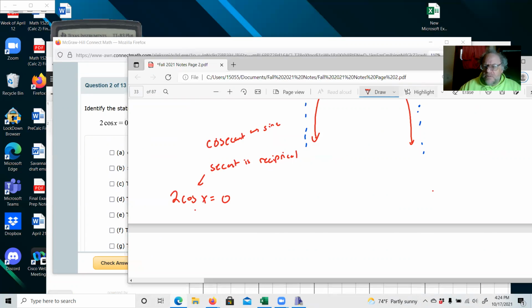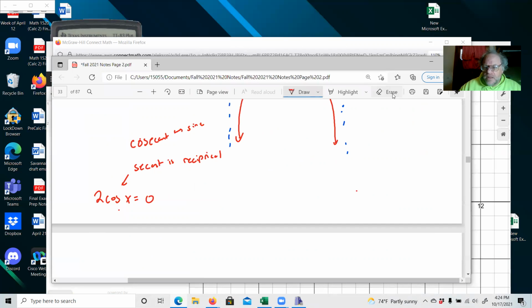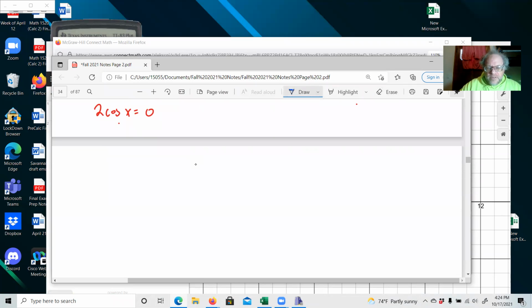Where does cosine x equal 0? So I'll draw. What does 2 cosine x look like? It's 2 pi. There's pi, pi over 2, 3 pi over 2. Here's 2. Here's negative 2.